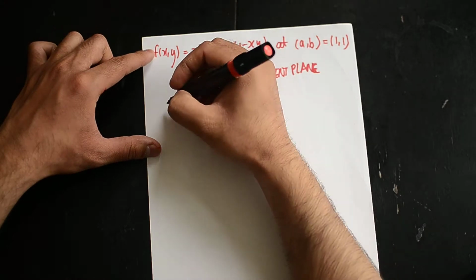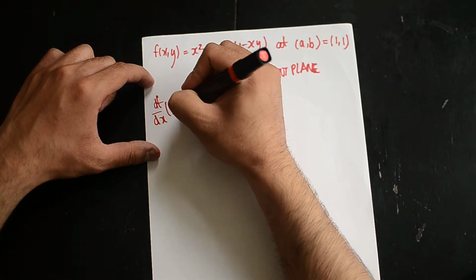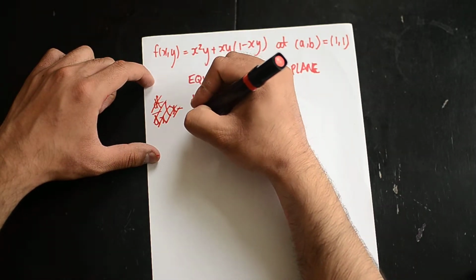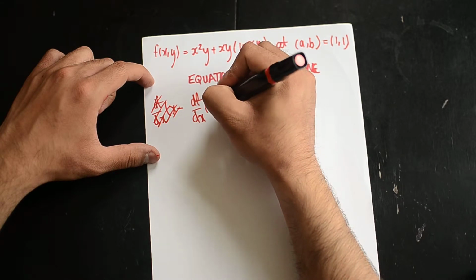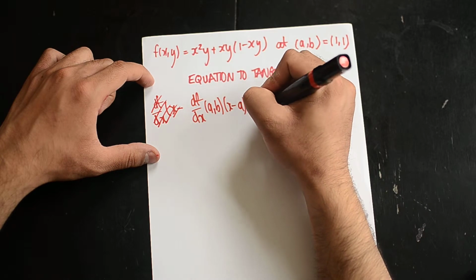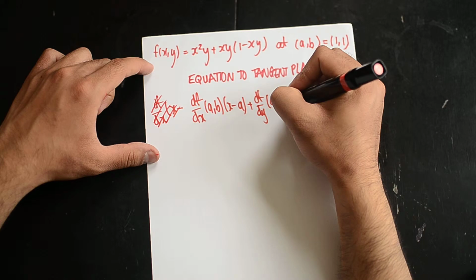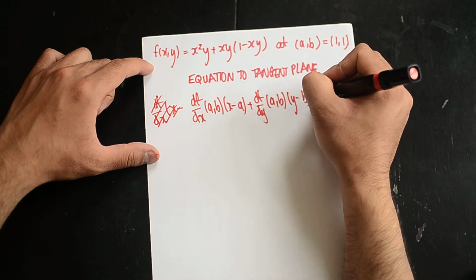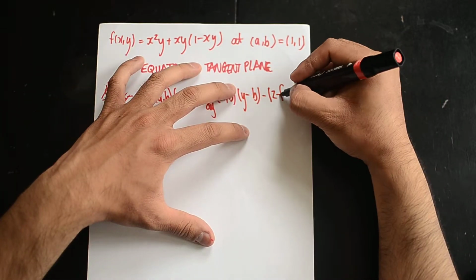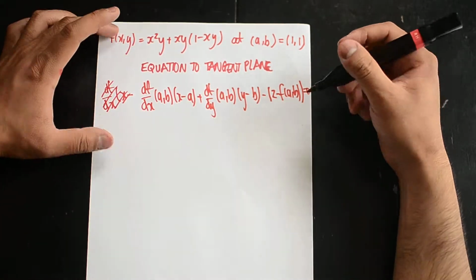You have to remember this one equation: df/dx (a, b) multiplied by (x minus a) plus df/dy (a, b) multiplied by (y minus b) minus (z minus f(a, b)) equals 0.